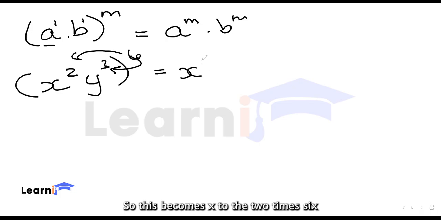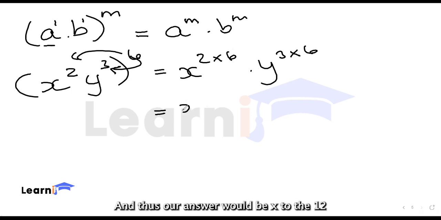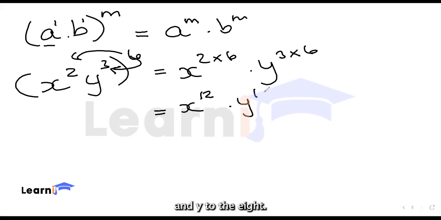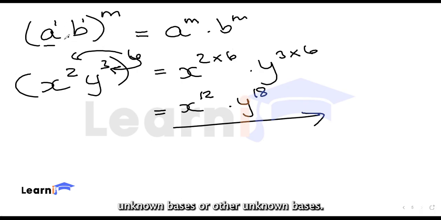So this becomes x to the 2 times 6 times y to the 3 times 6. And thus our answer would be x to the 12 and y to the 18. That is our answer. All right, so this is the situation where we are multiplying different bases.